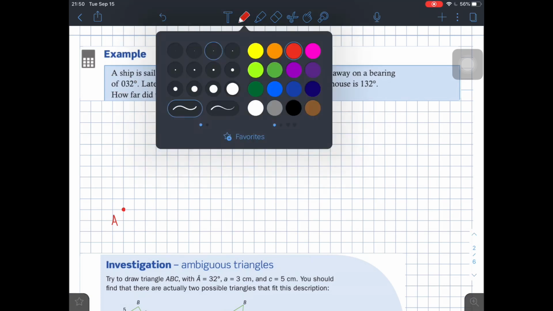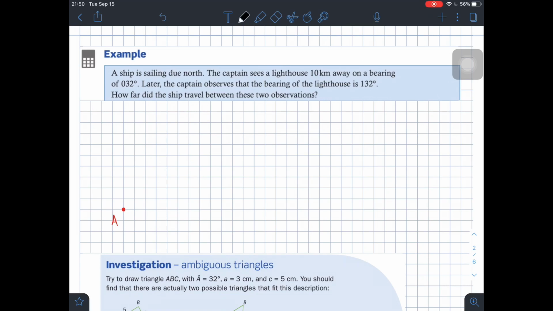If you remember the concept of bearing, to do a bearing, we always start north, right? We go north, and then if we go in a clockwise direction, we're going to mark this angle, which is 32 degrees from the north, okay? So from north, we're going to trace 32 degrees, which should be something like that, maybe.